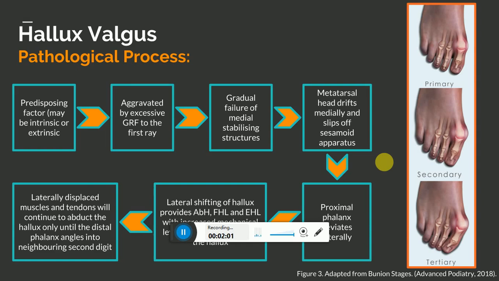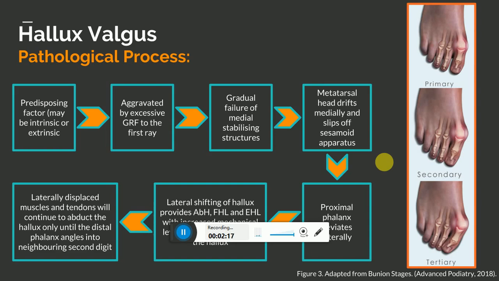The first MTPJ is stabilized at the level of the joint capsule by structures including the medial sesamoid and medial collateral ligaments. Failing of these structures predisposes the first metatarsophalangeal joint to greater ground reaction forces.